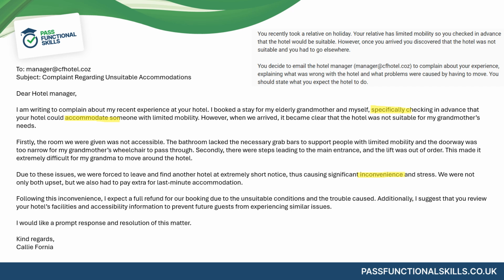So high level words there that are quite difficult to spell. We've also got some specialist terminology in here that's spelt correctly. So the question is surrounding limited mobility. So we've got words like wheelchair spelt correctly, and also accessible or accessibility and mobility.